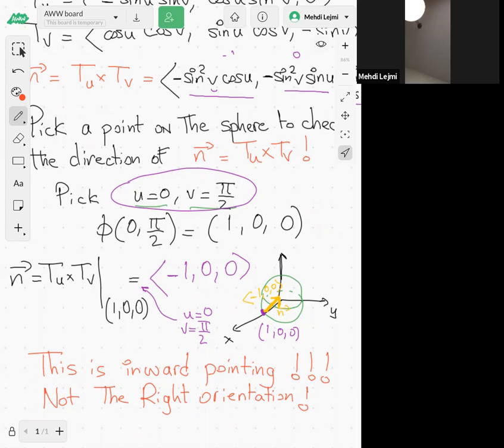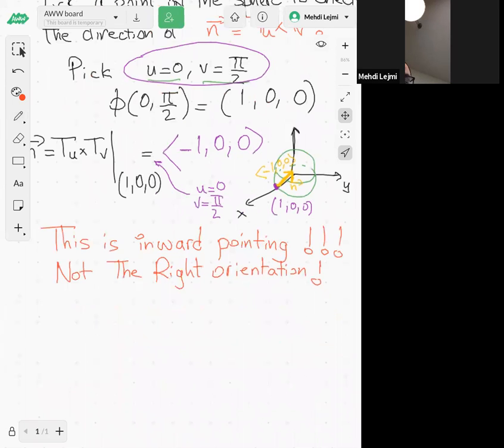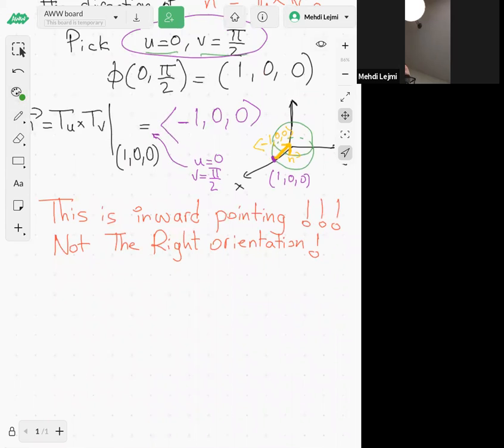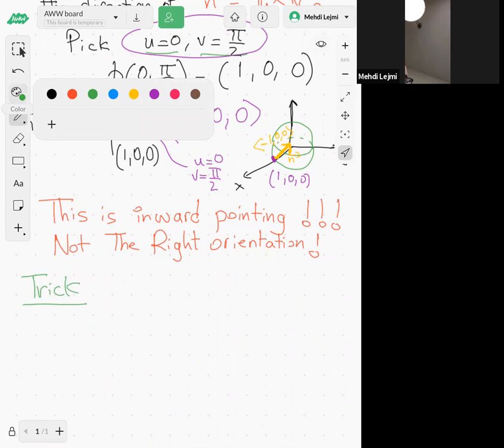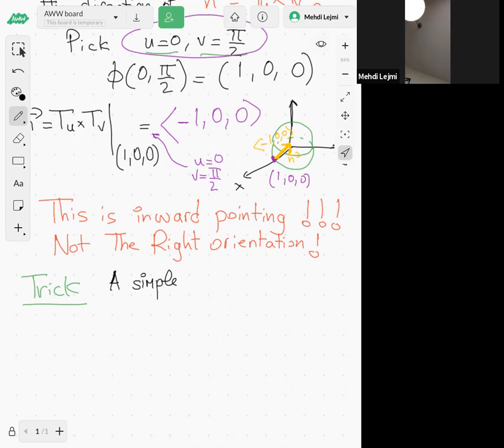So what can we do in this case? If you want to reverse the orientation, guys, there is a very simple trick. A very simple way to reverse the orientation is this: we have these coordinate parameters u and v, right?